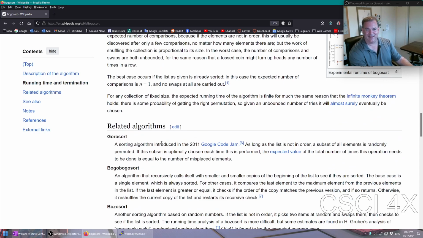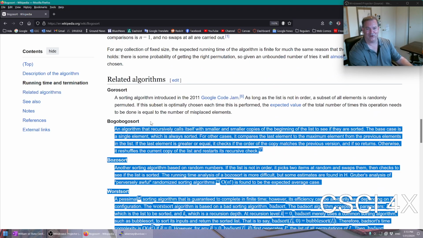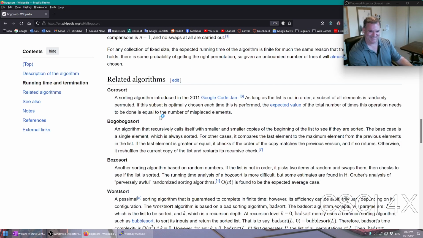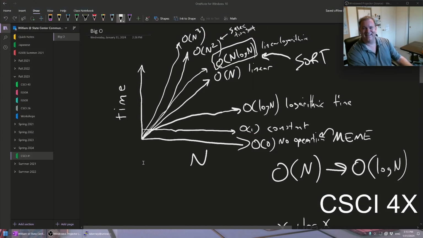Bogosort, Bozo sort, worst sort. So yeah, there are definitely algorithms that are pretty bad. That would be an order n exponential kind of thing, which flies off the deep end real fast.